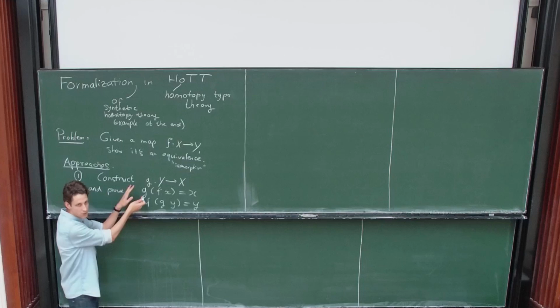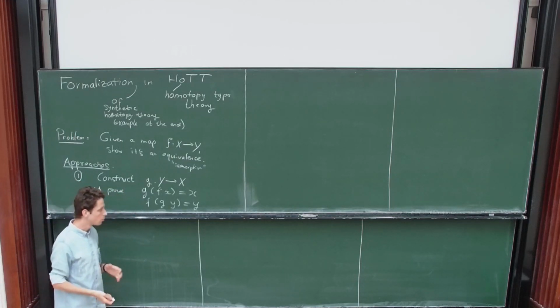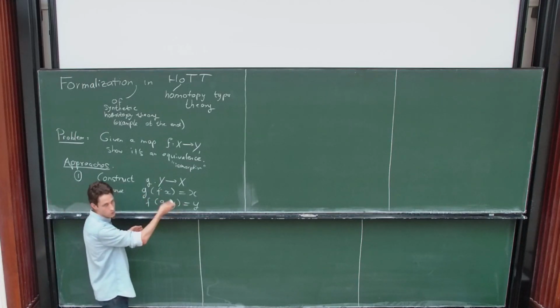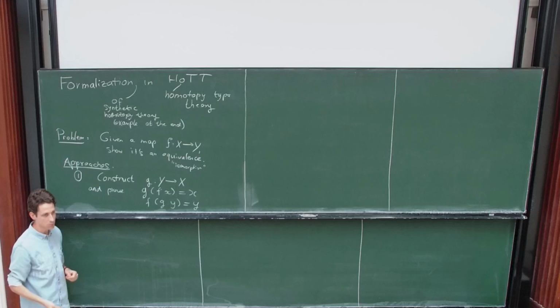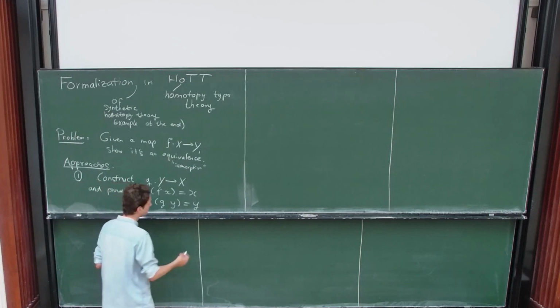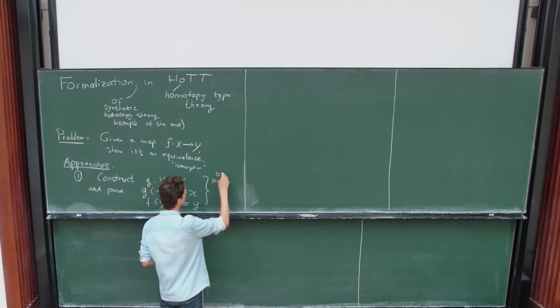But then you have to prove these equalities, and maybe do some calculations, and if you are familiar with dependent type theory, then you know that you might get some transports in there, and you have to really think about this, and it becomes complicated. So that's often not convenient.